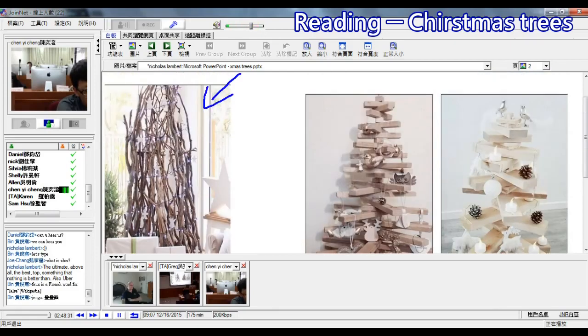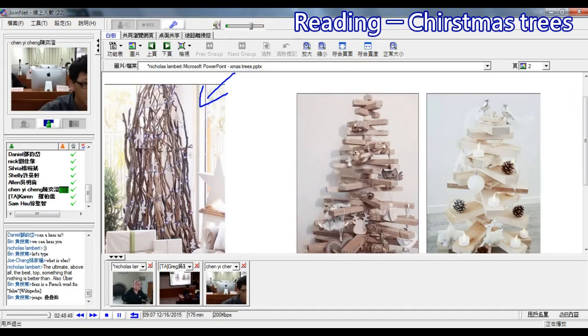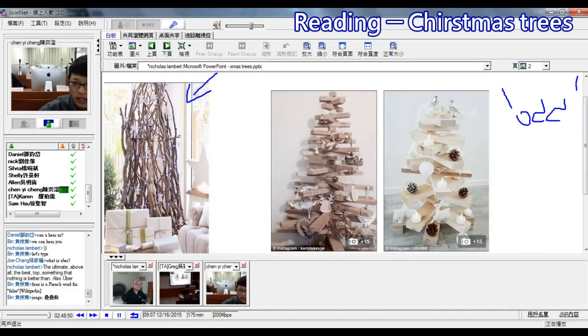This left one? Yes. Okay, why? I agree with you. I don't particularly like that. Why don't you like it? Just it's so special. Yes, it's a bit odd. It seems just a few branches stuck together.